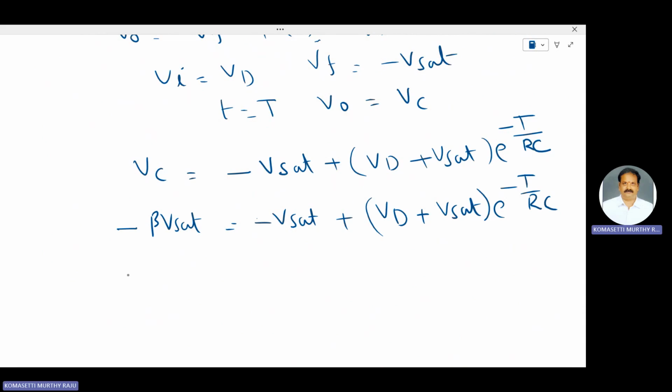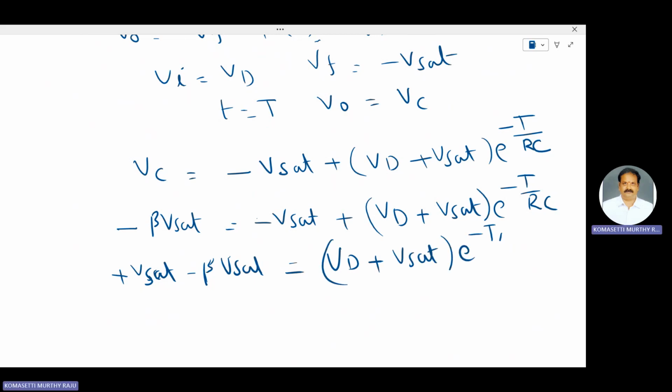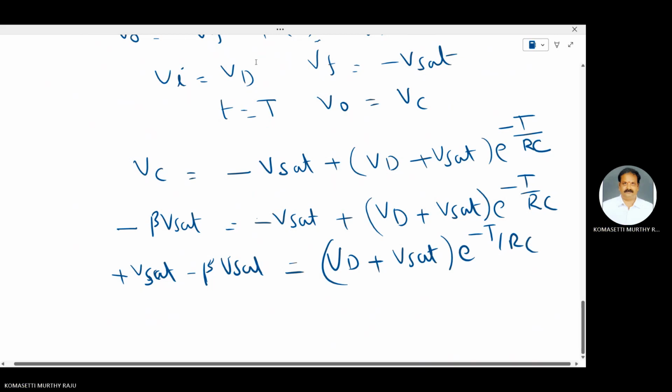Bring this to this side: plus Vset minus beta Vset is equal to Vd plus Vset into e power minus t by RC.